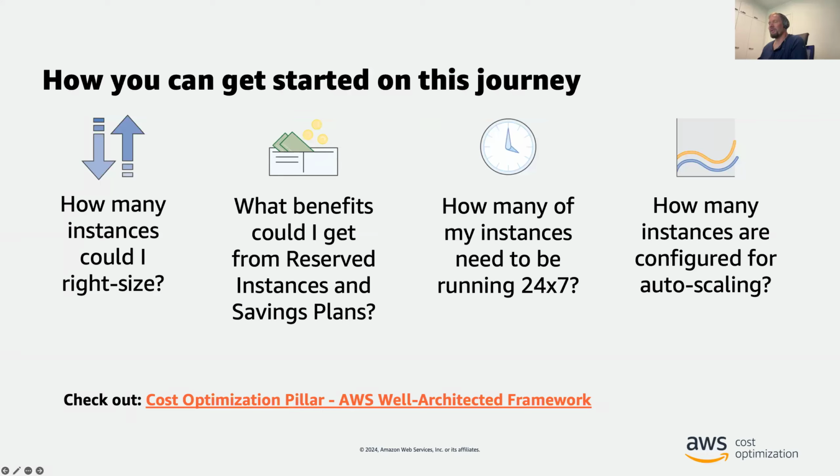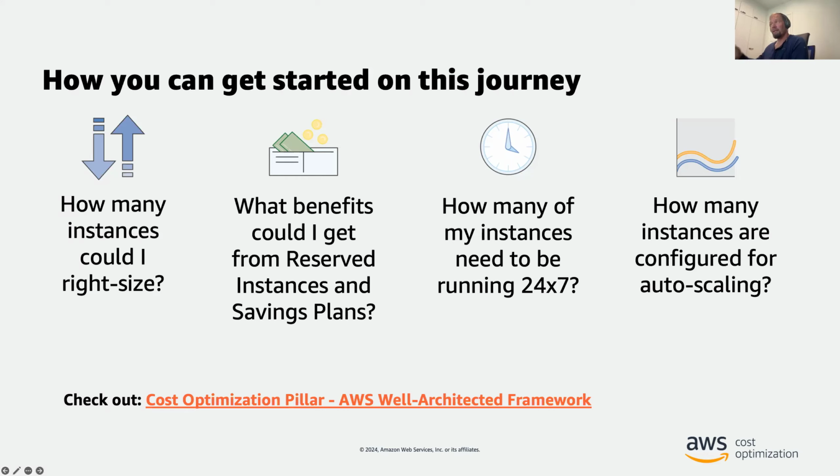It won't tell you what's right or wrong, but it will give you check boxes: have you thought about this and that. So that's really the biggest value of Well-Architected, to make you think yourself, are you doing all the cost optimization steps that you need to do?